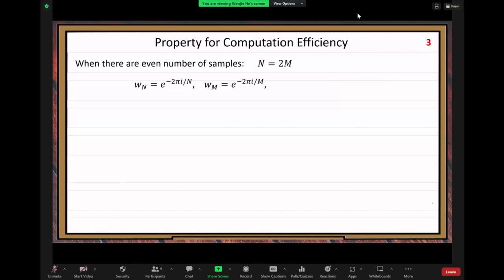Based on the definition, you can see the relationship between the little w, Wn squared equals Wm. That's simple, because of the square relationship. This is a 2-to-1 ratio. When we take the square of the first one, we get the second one. Simple.